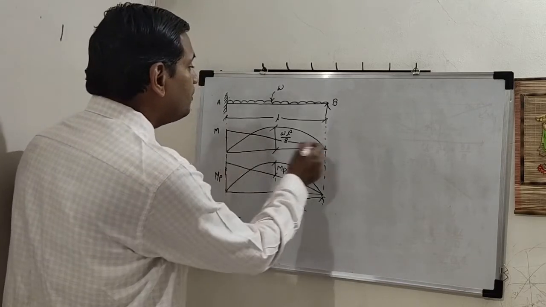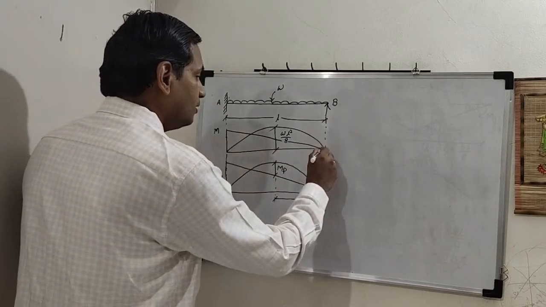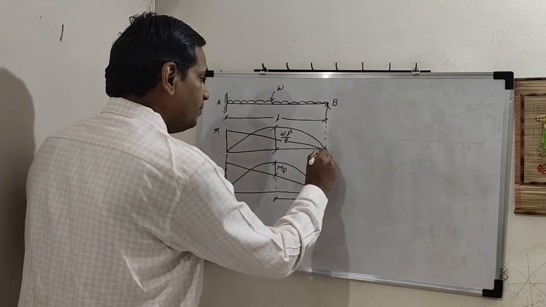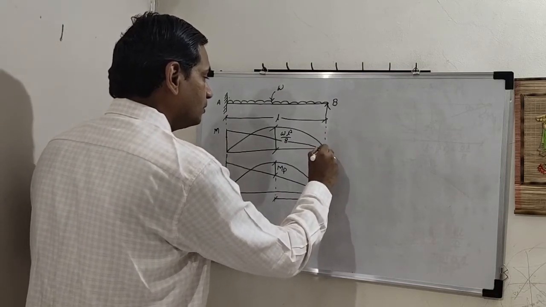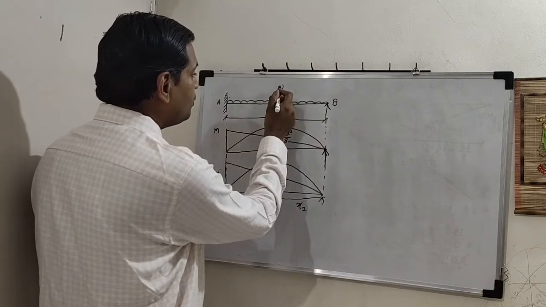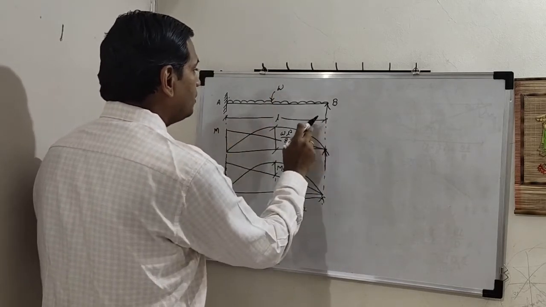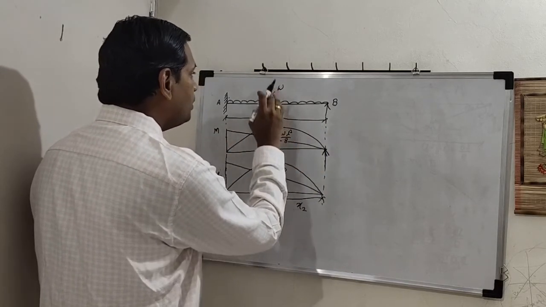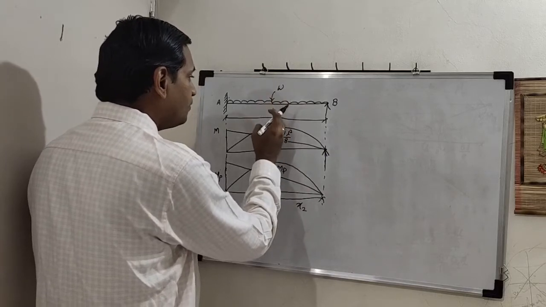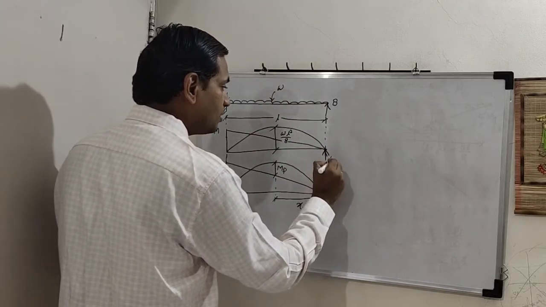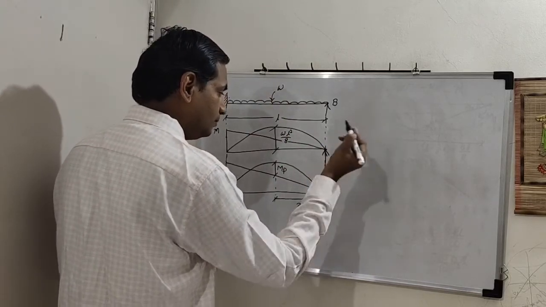If the beam is simply supported, this reaction will be how much? Total load is W, span is L, so equivalent point load is W into L. Half of this will be reaction here, so WL by 2. Okay.